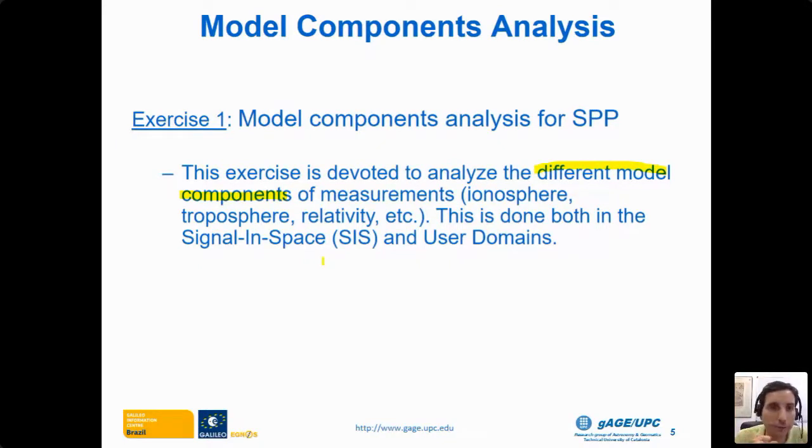These include the ionosphere, the troposphere, the relativity effect, etc. And then we will provide an answer linking to some of the questions raised just before the break. And then we will have the opportunity to see why an error component is typically much better than the other two, and so on. And then I hope that you can follow the exercises on your side.